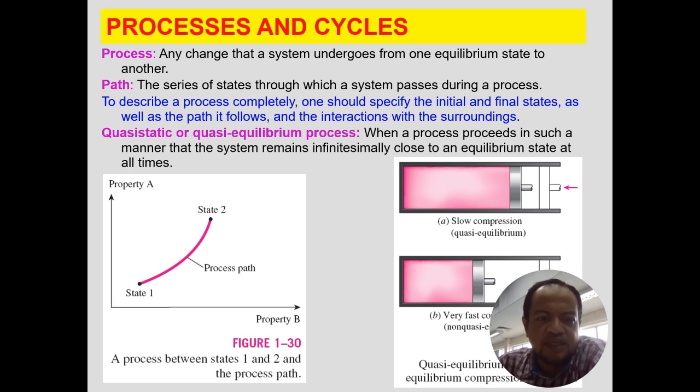We also have the quasi-static or quasi-equilibrium process. This is when a process proceeds in such a manner that the system remains infinitely close to an equilibrium state at all times. Let's say we have a very slow compression. So at the initial state and the final state, we can say it is quasi-equilibrium.